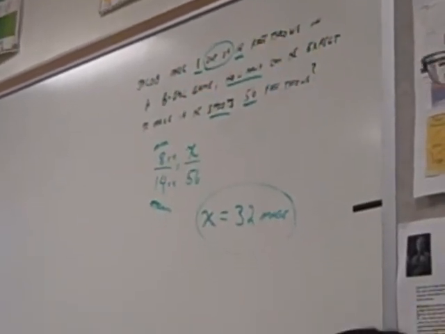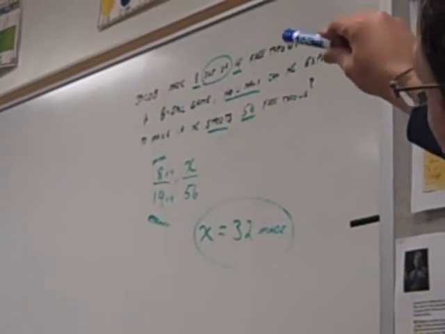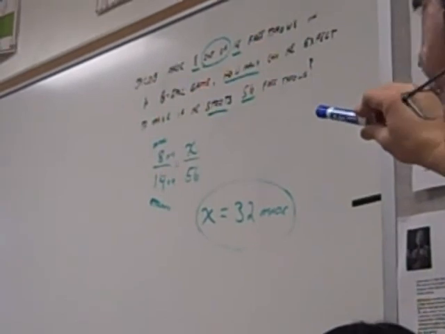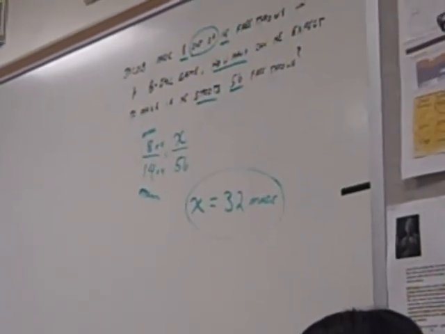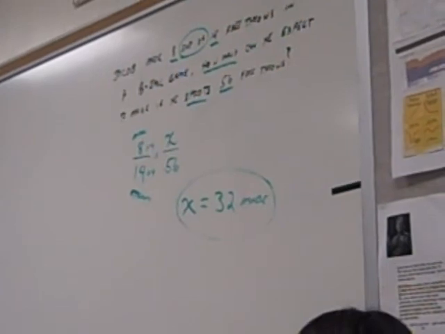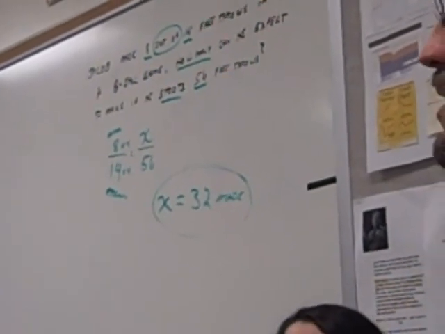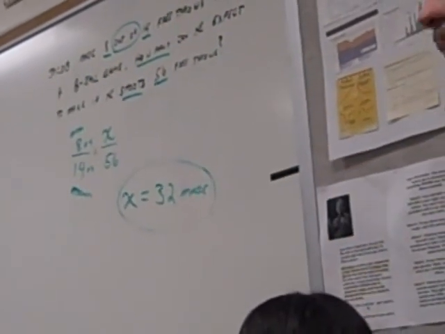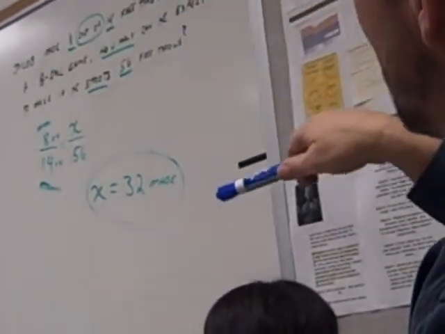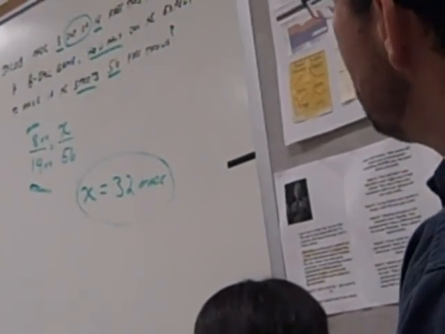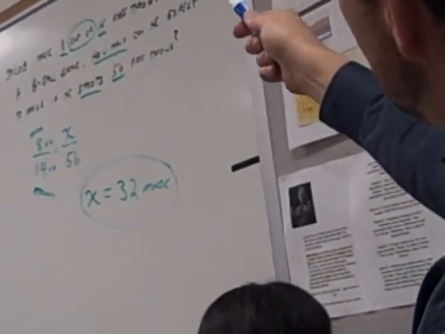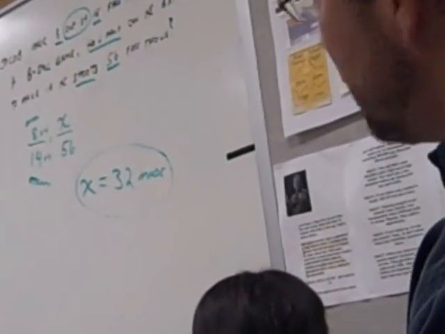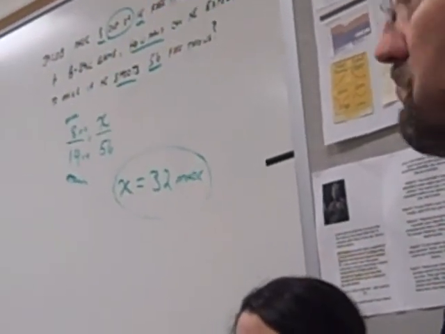Set me up a proportion. Now, I went 8 over 14. And what is 8? Made. So I wrote made. What's the 14? Someone in first period said that's the one he missed. Does it say anything about missing? No. It's the total he shot. So how did I set up the second one? How many make, shoot 56? 56 on the bottom. 56 is attempts, right?